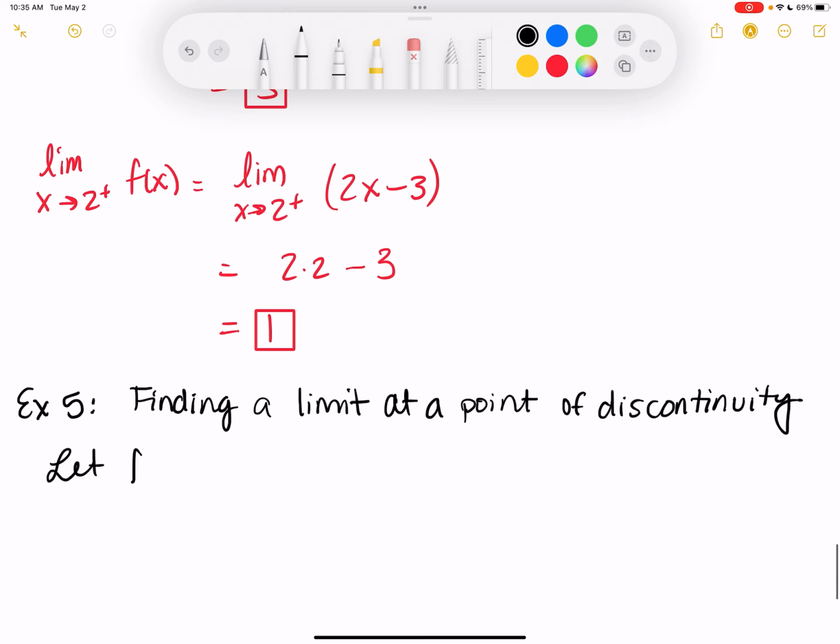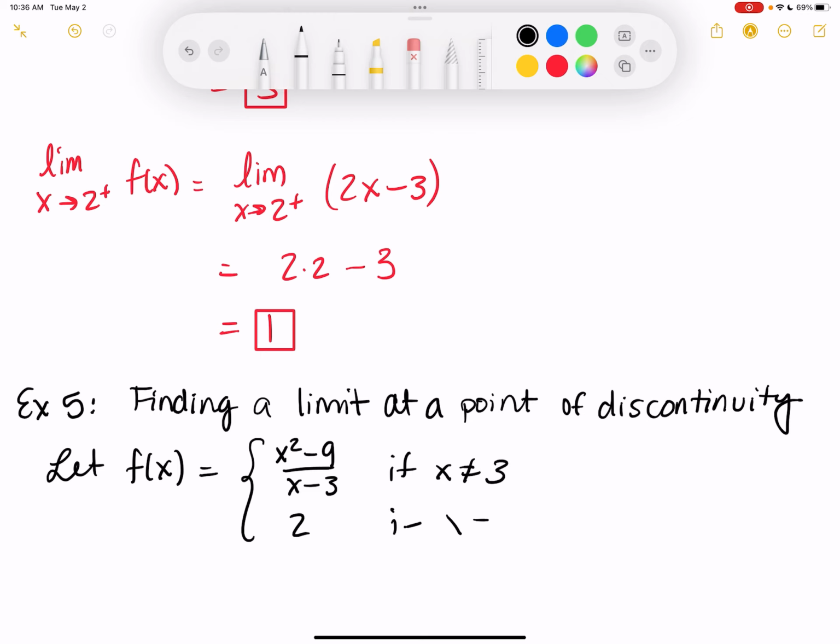Let f of x be equal to, it's piecewise, x squared minus 9 over x minus 3 if x is not equal to 3, and 2 if x is equal to 3.